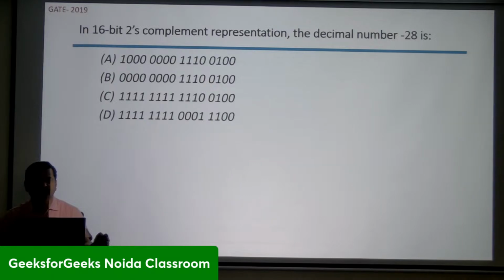Option C. Please write your correct outcome as an option in the chat box. Option A or B or C or D. Okay, I'm getting option C as your response. All right, that is the correct outcome here.